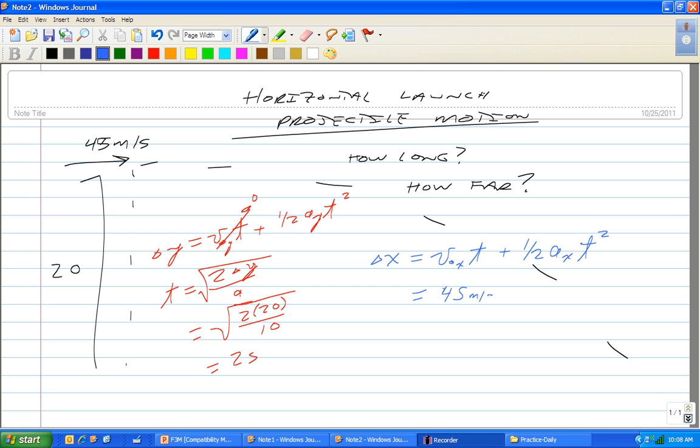So that's 45 meters per second times 2 seconds plus what was the horizontal acceleration? It is the same as dropping it. In both cases, what is the acceleration?